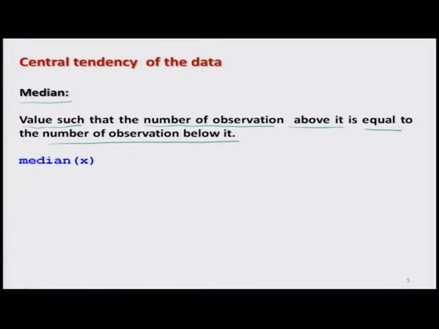And in order to compute the median, we have a direct function in R, and the syntax of this function is median, and inside the argument is the data vector. So, you simply have to write median in small letters, and inside the argument give the data vector.